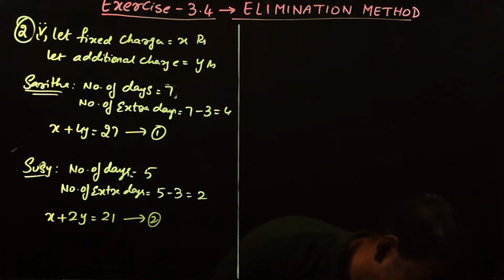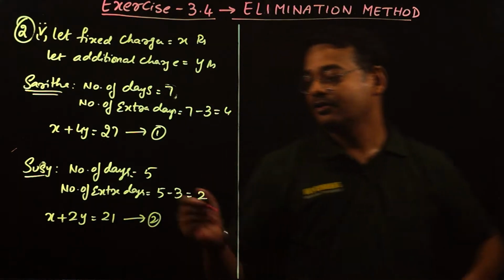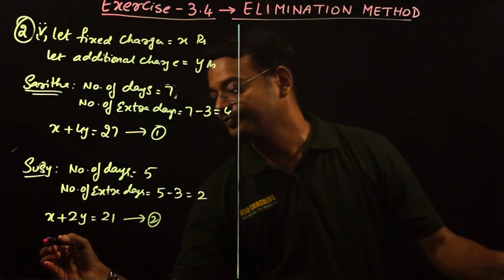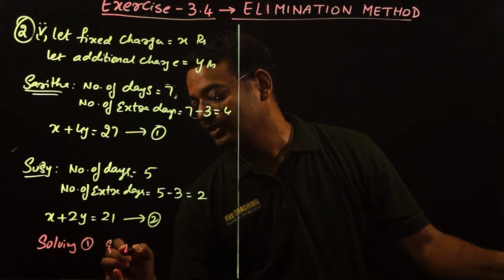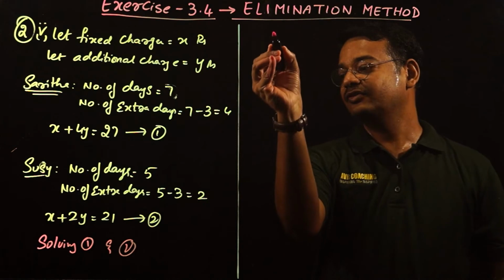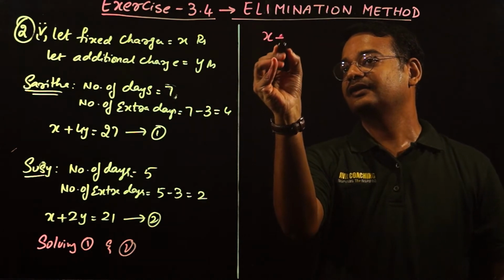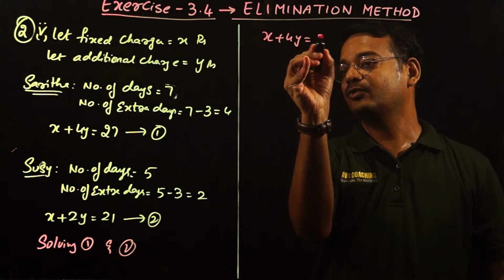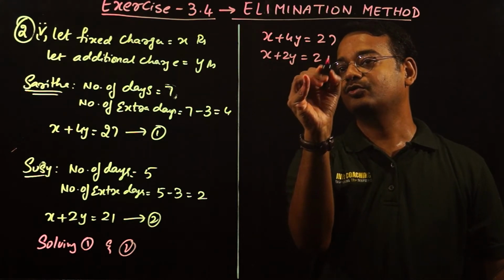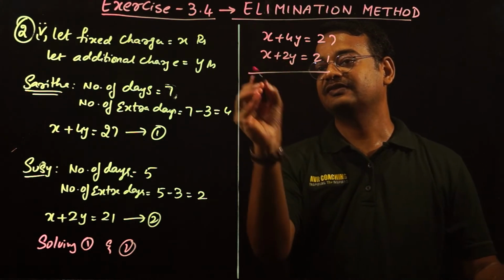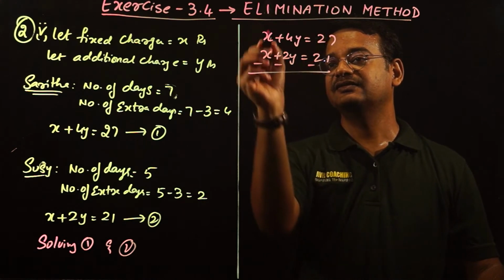Now again, solving 1 and 2. Equation 1 is x plus 4y equal to 27. This is x plus 2y equal to 21. Since the coefficient of x is the same, we'll change the signs.